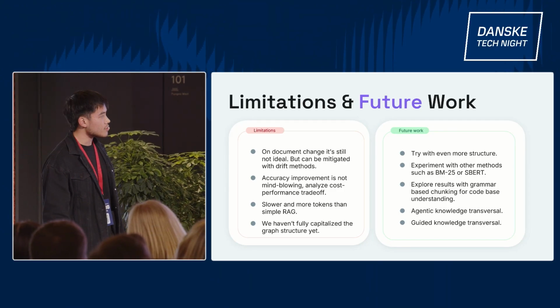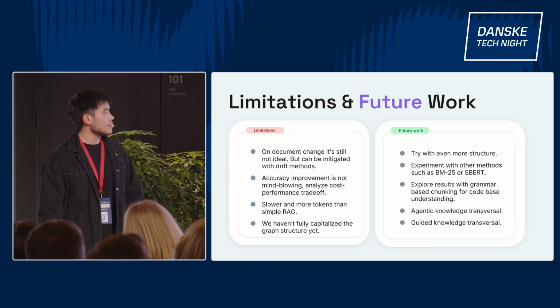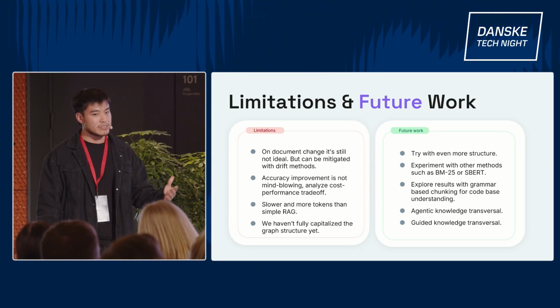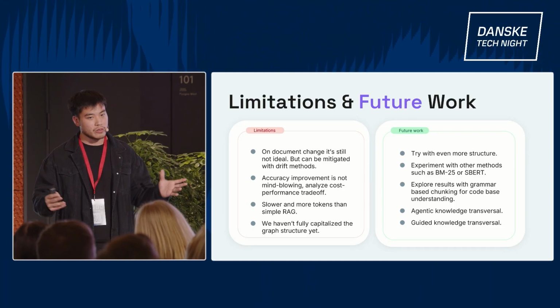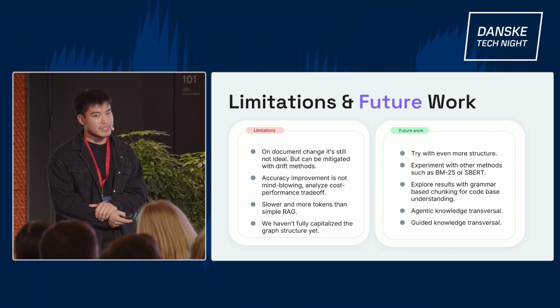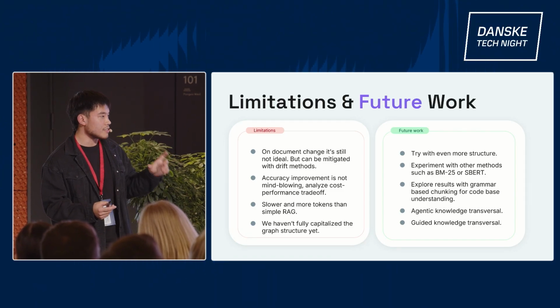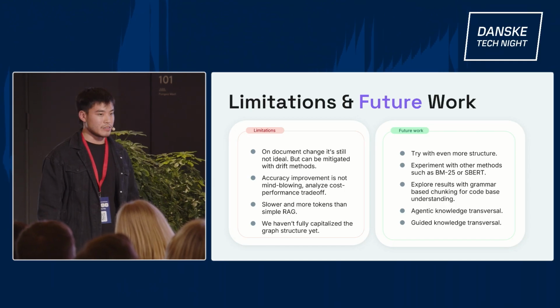You can use BM25 or sentence-wise similarity, like with SBERT. And then also trying different chunking strategies, such as grammar-based chunking. Let's say you want to embed a code base, and none of the chunking strategies work well for you, then maybe you can try a grammar-based one that divides each function and each object into a classification, and hopefully provides better results.